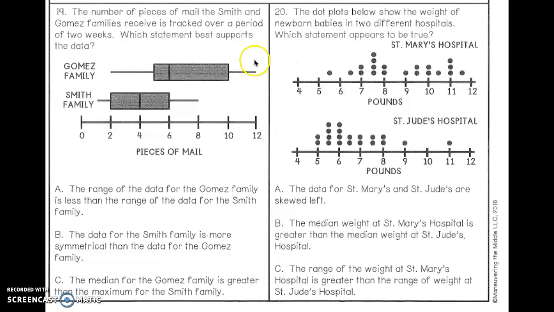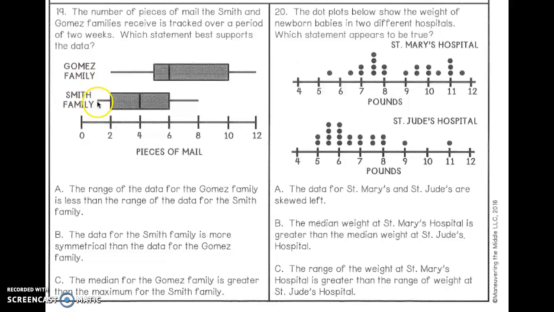Now the box: the line that starts the box is Q1, which in this case would be 5. The end of the box, you could probably guess, is Q3, which would be 10. Now what's this little line in the middle? That is the median. So the median in the Gomez family is 6.